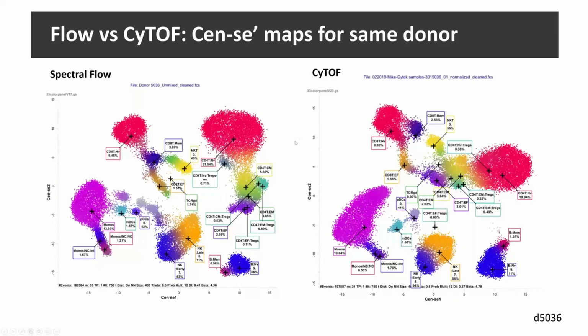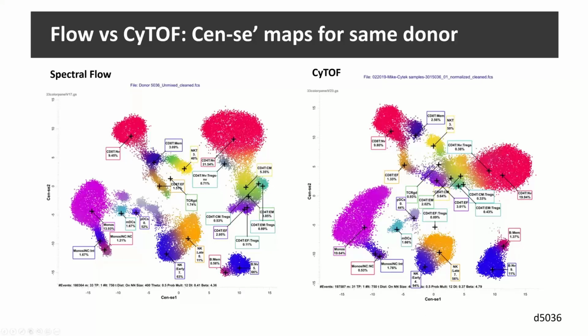One of the interesting things that I've always found is that when we look at data file after data file after data file, depending on the donors, the similarities always just continue to astound me. So on the left, we're looking at a spectroflow. This is the 33 color Aurora file, and on the right, there's a Helios file. So the spectroflow is calculated using the scatters. It's cleaned up using the scatters.